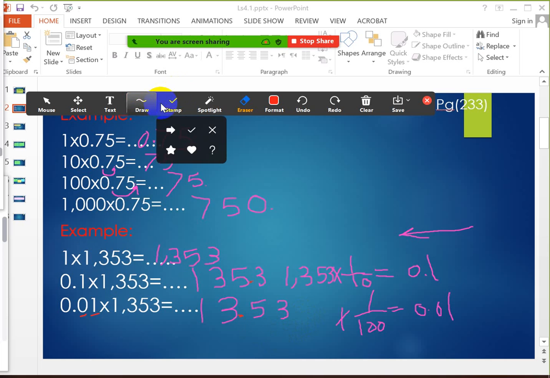And the number will be 13.53, hundredths. Okay? This is how I will find the multiplication pattern with decimals. If you finish, please type 1 in the chat.